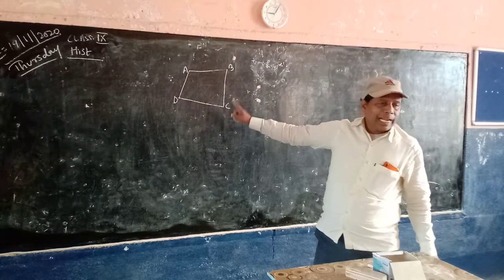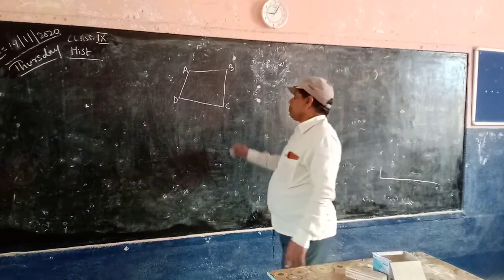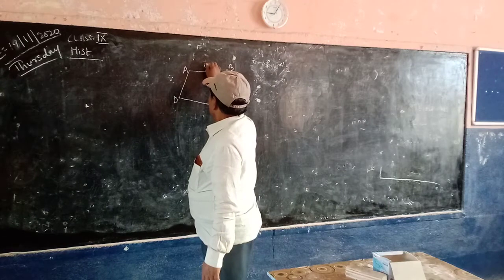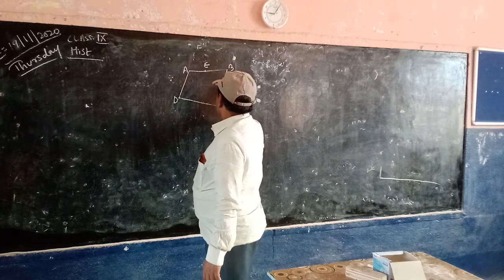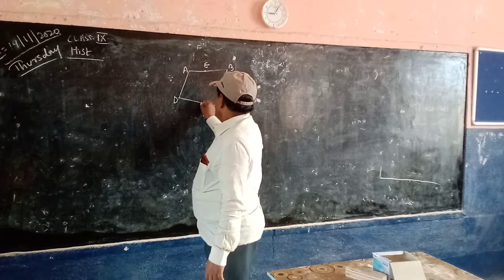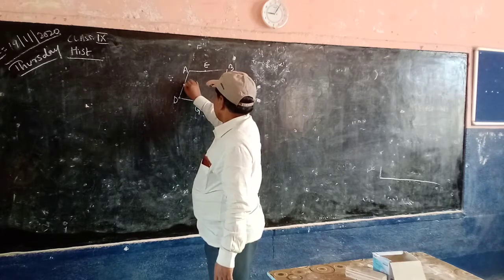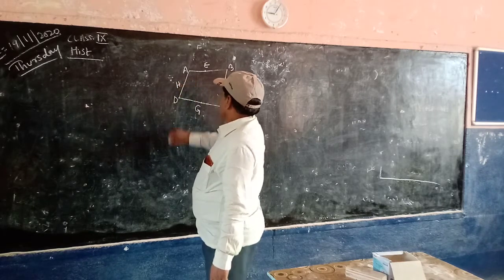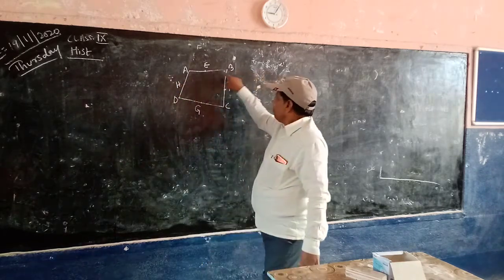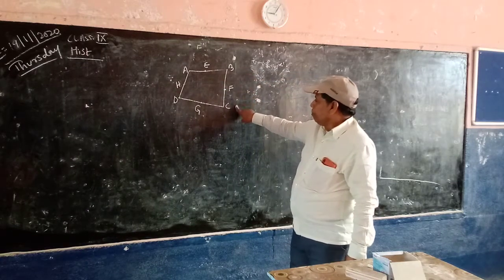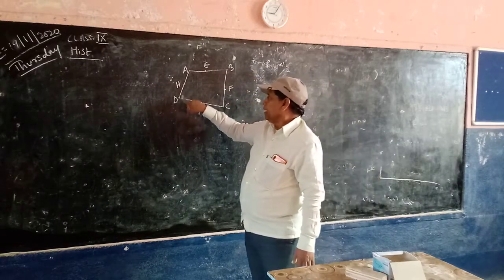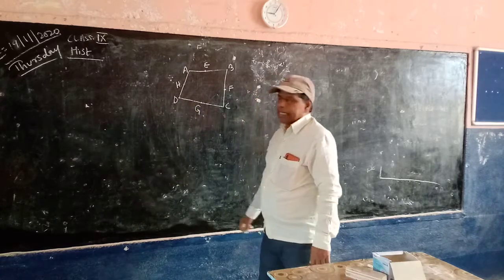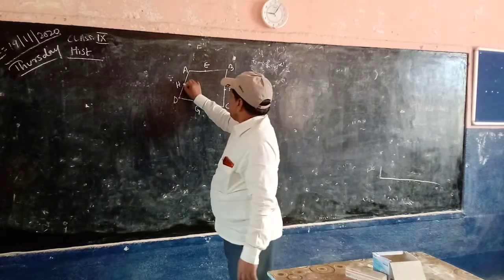Quadrilateral, how many sides? 4 sides. Here E, F, G, H are the midpoints of AB, BC, CD and AD. Join.